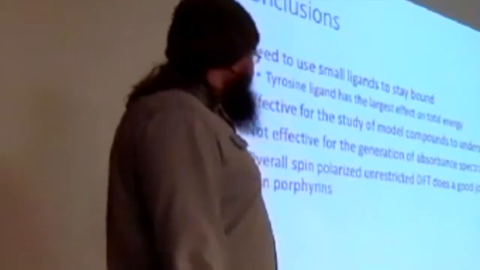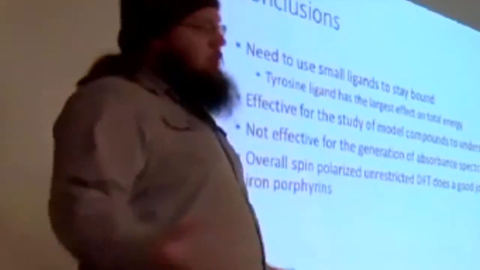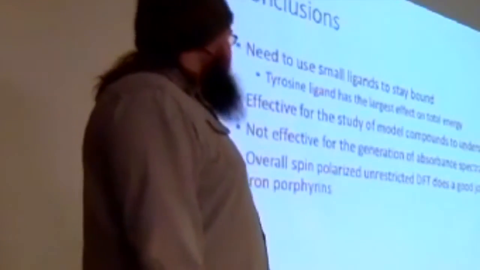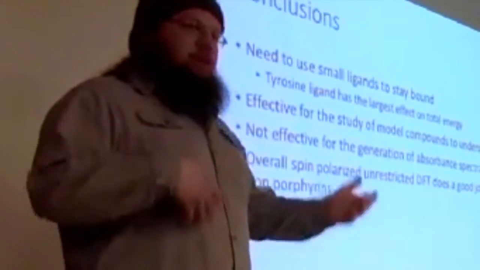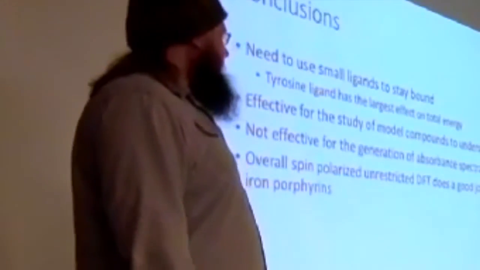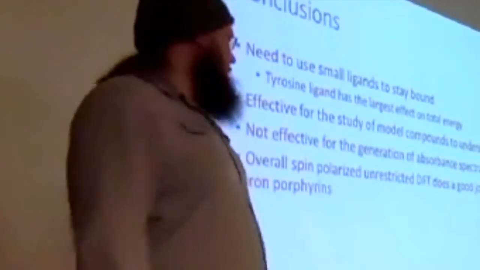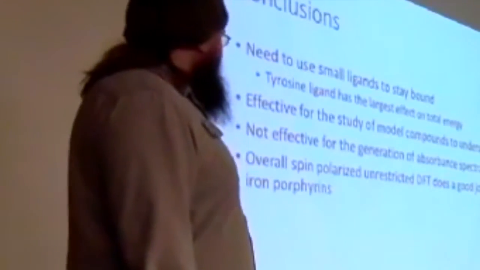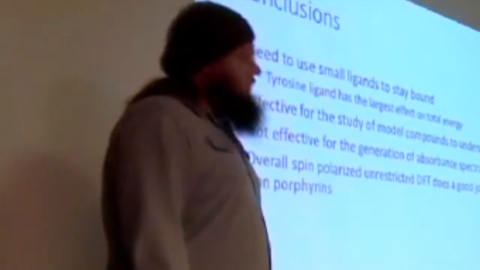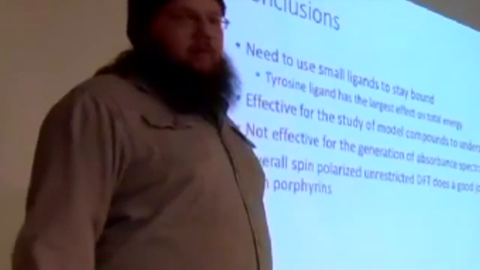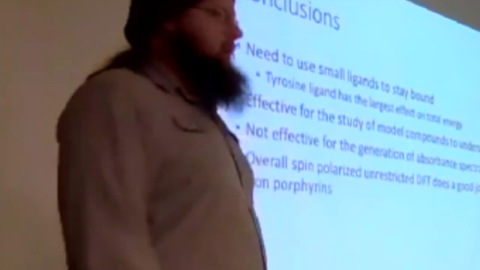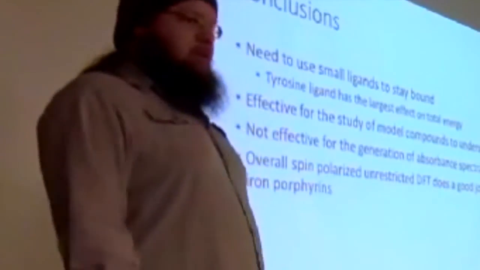So it seems to be a fairly effective way. There's a whole bunch of papers out there on DFT with these porphyrin rings where they are looking at different ligands, different substituents, that sort of thing, and they have used it to draw correlations to proteins. It doesn't seem to be very effective for generation of absorbance spectra, but I know I've read several papers where they have generated vibrational spectra, and they match fairly nicely with published experimental results.